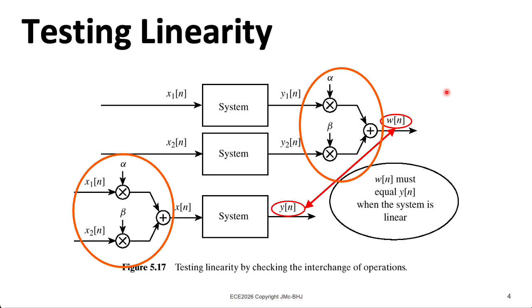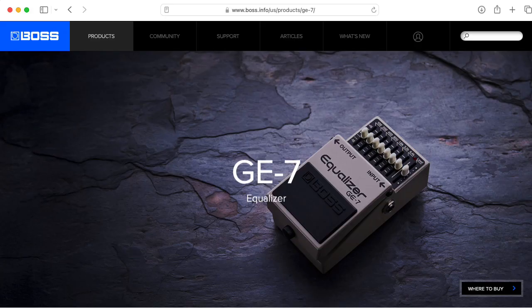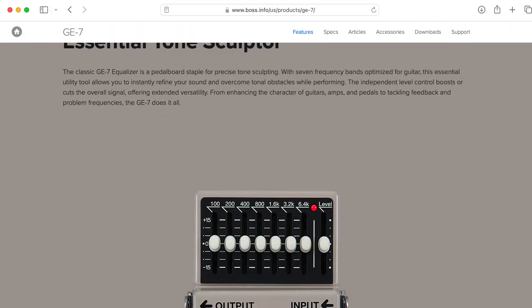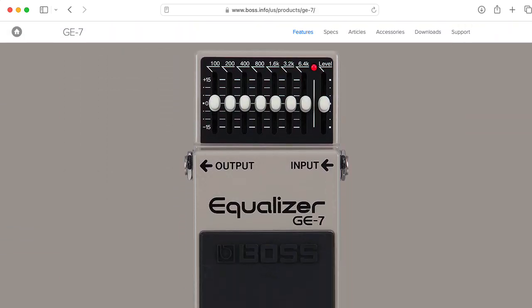Now, there is a practical nomenclature issue here. What I just described was an ideal mathematical definition. Any system you build ultimately has physical limits. For instance, we'll say that an equalizer pedal that a guitarist might use is a linear system, but that's within reasonable bounds of reasonable input signals.